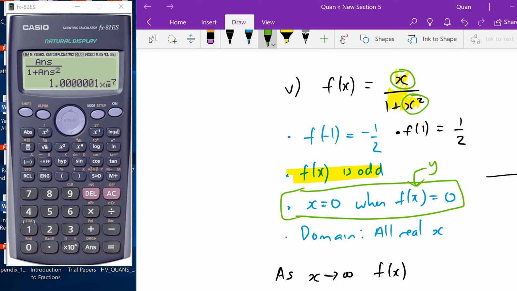So the bigger the denominator gets, the smaller the function will be, right? Because if I had 1 on a billion, that's a very small number. Same thing here. If I put in a large number, the square of it is going to go up faster than just the x. So that's going to give me a very small positive number.